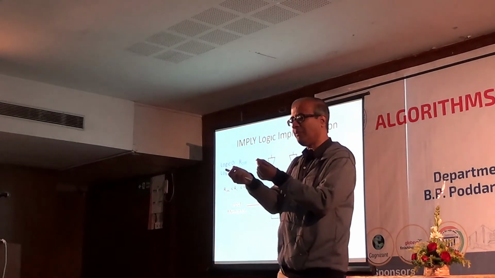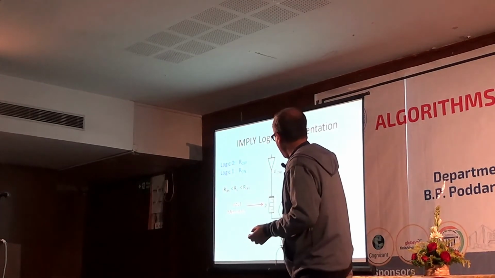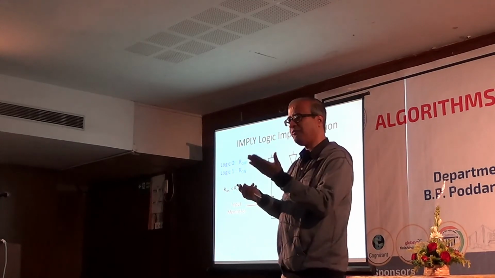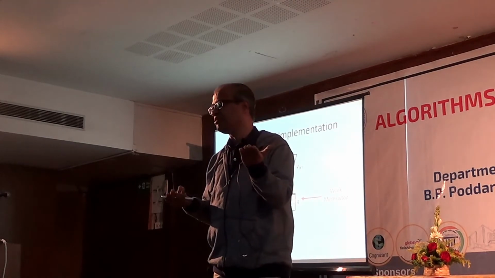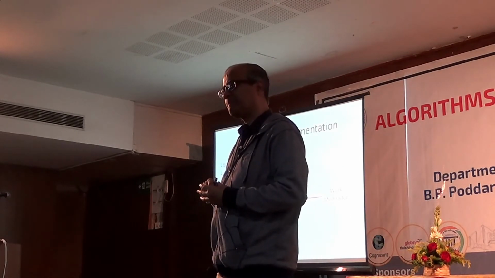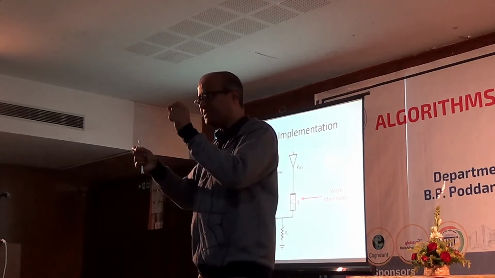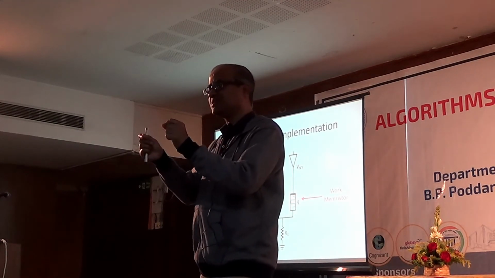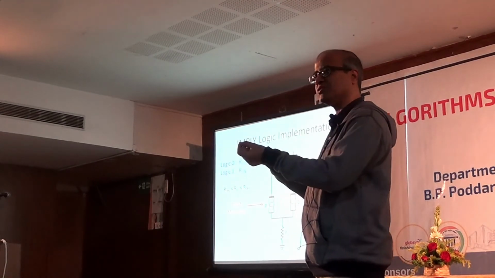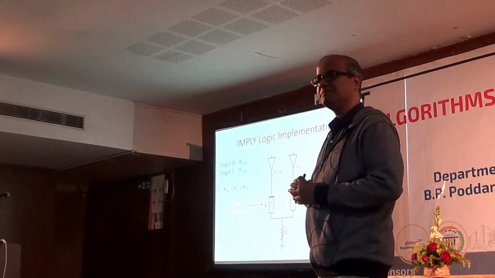Suppose I want to apply an input P 0 and Q 1. I make P off, I make Q on. Off means I denote 0, on I denote a 1. So I am adjusting the resistance state of the memristor to indicate whether I am applying a logic 0 or logic 1. Then I simply apply V con and V set.